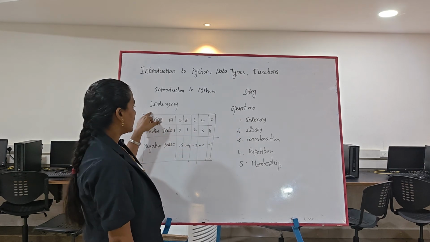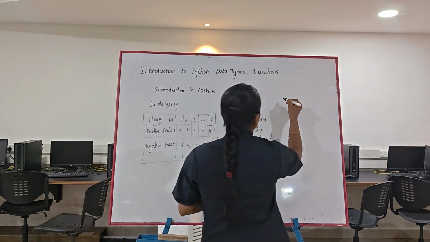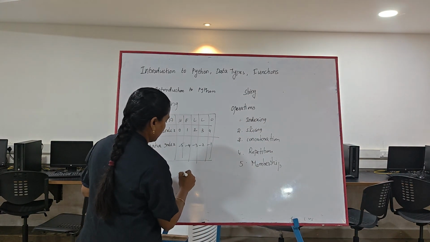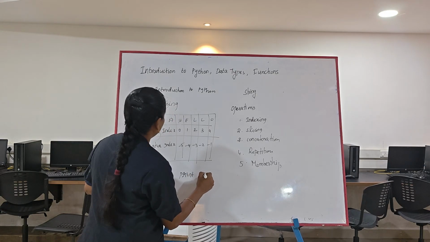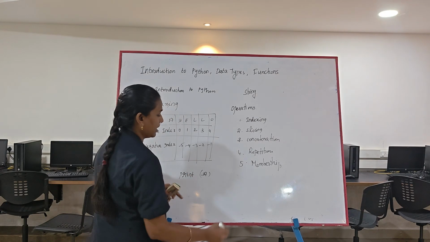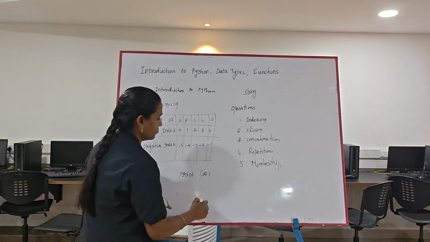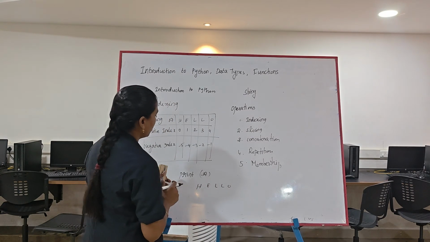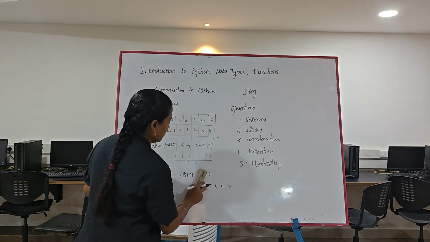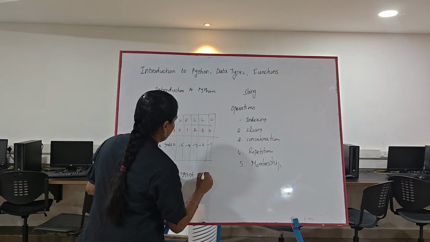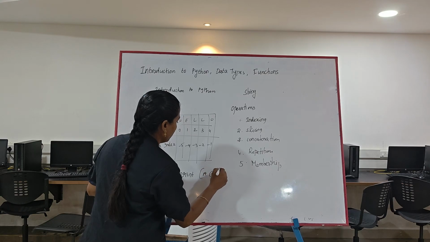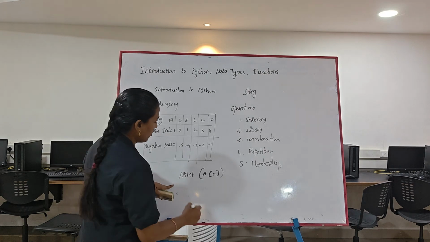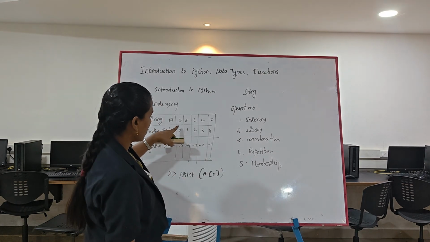So indexing. If you want to use print, I will give print of A, so it displays all the values, HELLO. If I give print of A of 0, the output is displayed.